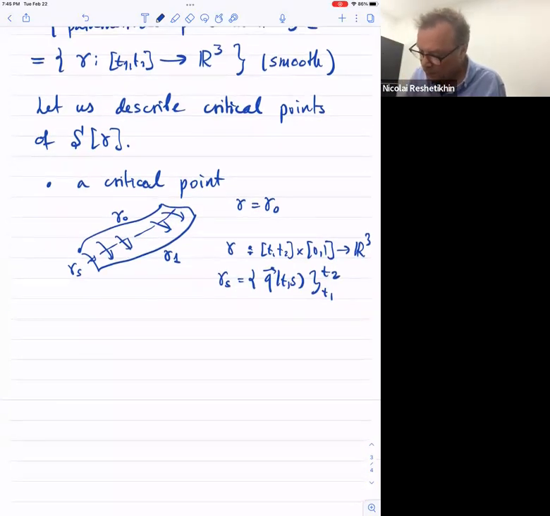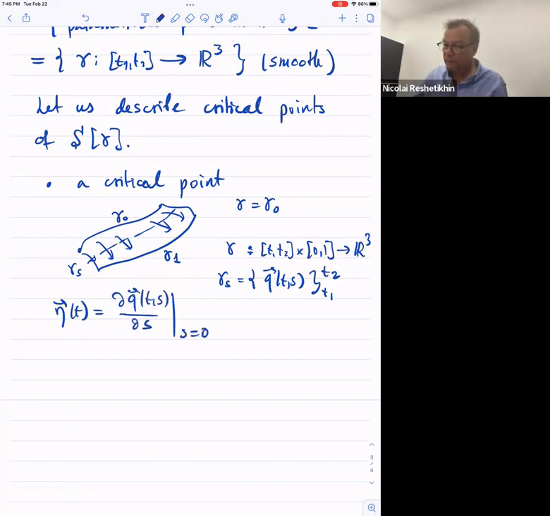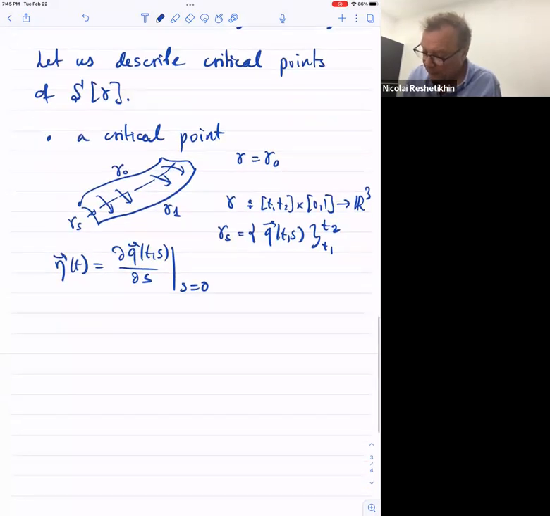Okay, so if it's a smooth deformation, we differentiate this family at s equals 0. So what is this? Eta now is a mapping from T1, T2 to R3 as well, but it has a different meaning.